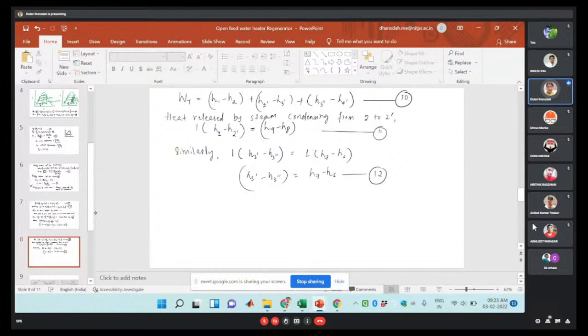By considering these two equations, in place of WT, I can write down the turbine work in this case.